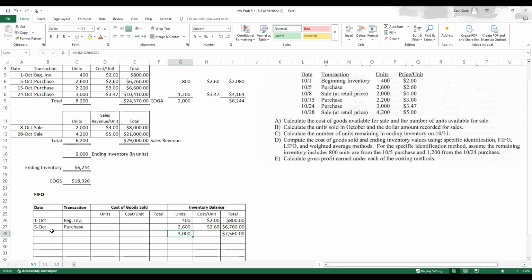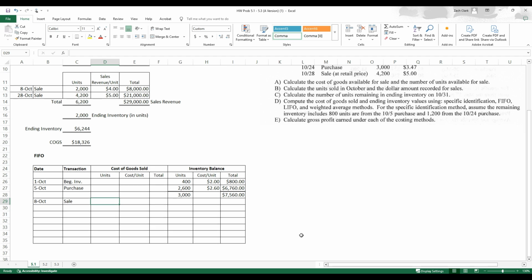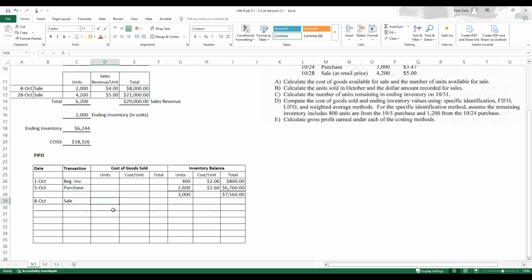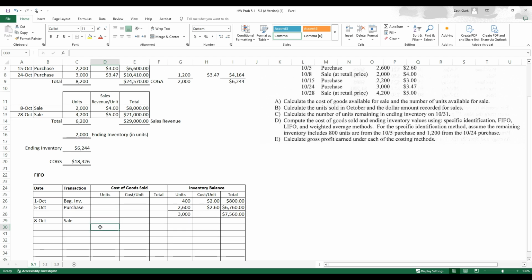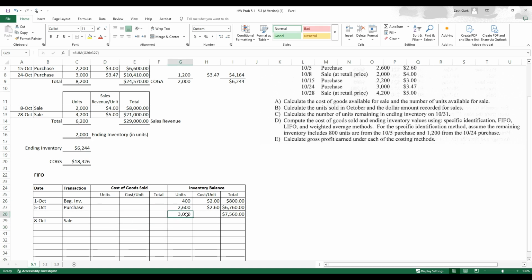Okay, so now, remember the dates when things happen are important with these types of transactions. So on the 8th, we had a sale. And since we're using first in, first out, that's where we're going to go to our first layer, if you will. I refer to it as layers when we do these types of costing problems, because I think that makes sense. In total, we are going to be selling 2,000 units, and we had 3,000 units to sell at first.